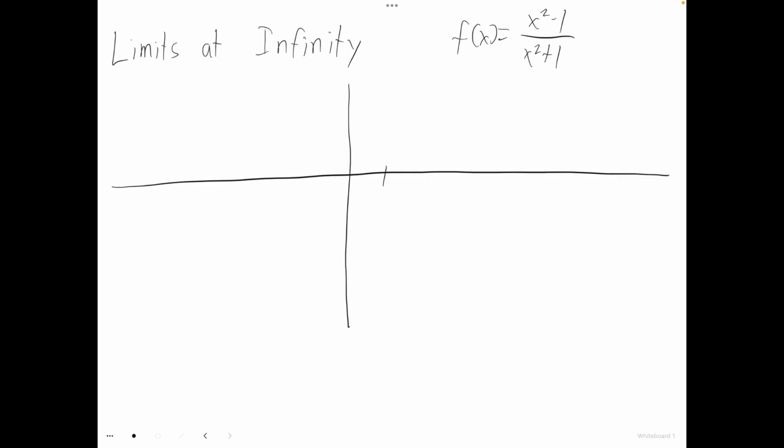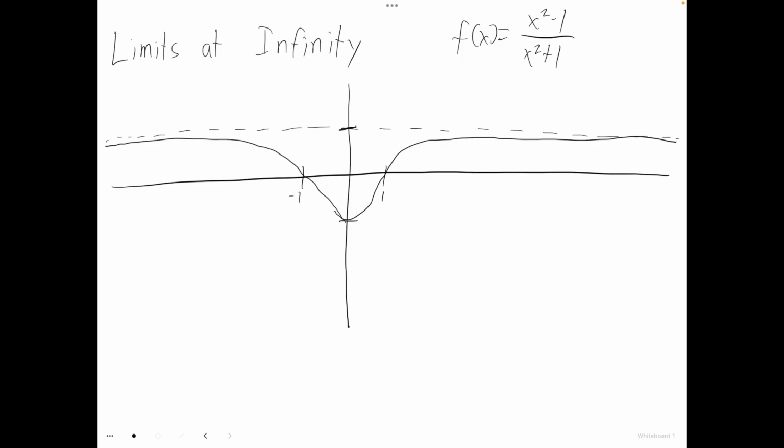If you look at the graph of this function, it looks something like the following, where we have this line that we do not cross, called a horizontal asymptote, of y equals 1.